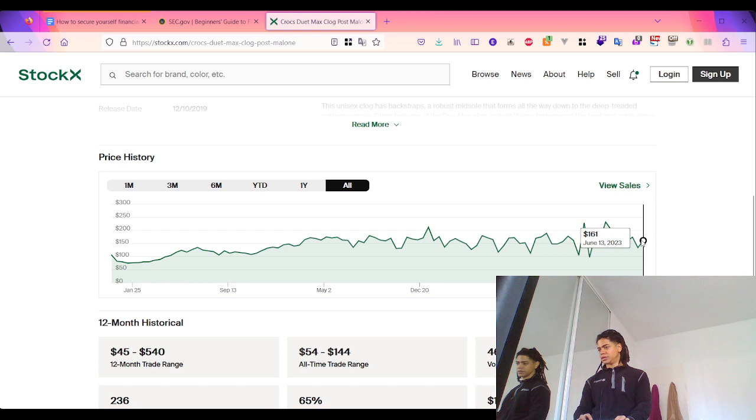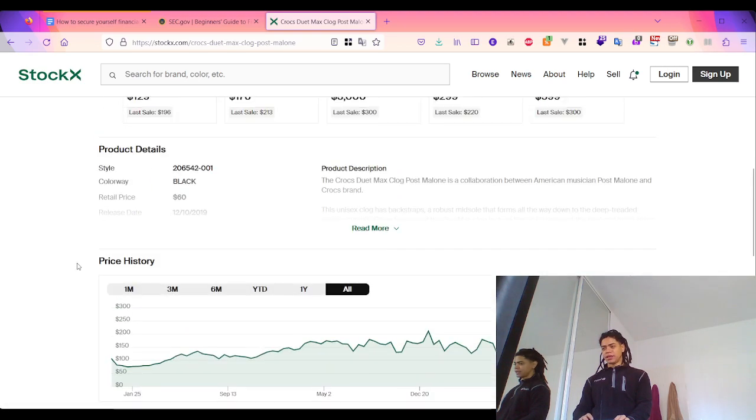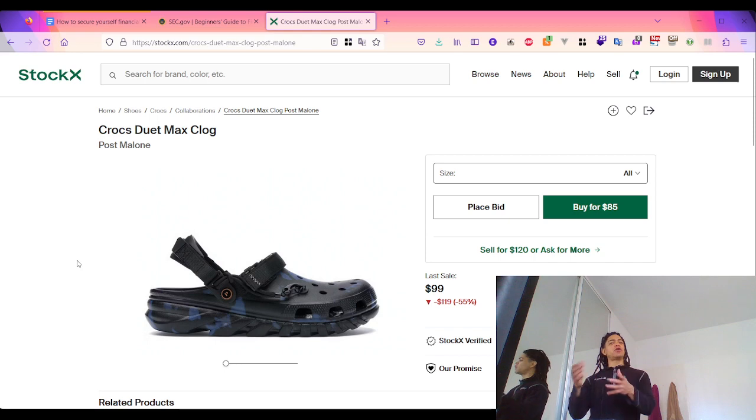Price history. So this is also a way to measure inflation. Now it has double the price. So yeah, but this is a joint venture.